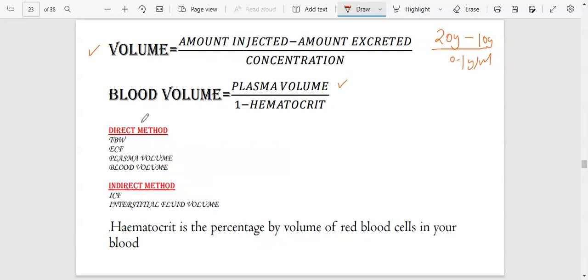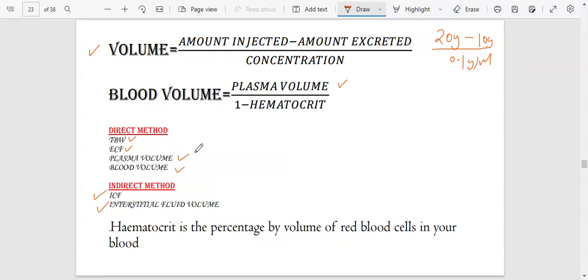Right. So we have indirect methods of measuring volumes and direct methods. For direct methods, you are able to measure the total body water because there is a dye that you are able to use. You are also able to measure ECF, plasma volume, and blood volume by direct methods because there are dyes which are able to label these. But you don't have dyes that can go into ICF without passing through ECF, and there is no dye that is able to measure interstitial fluid.